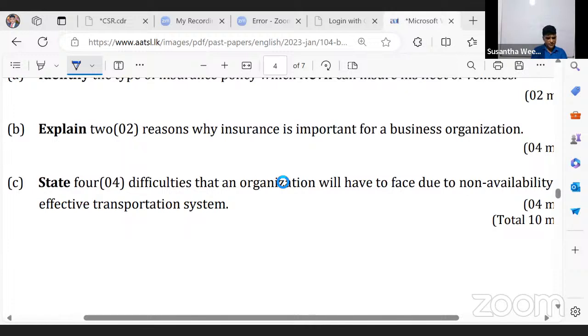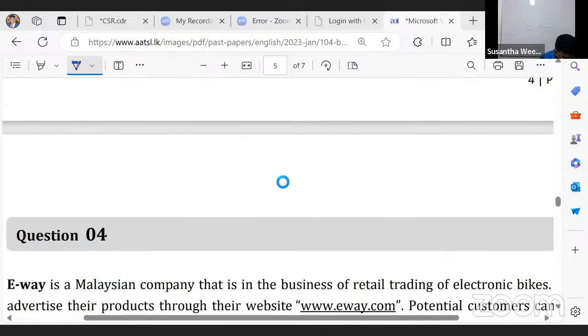Some goods need safety. That is also another disadvantage or difficulty. And accidents. Right, that is question number 2.